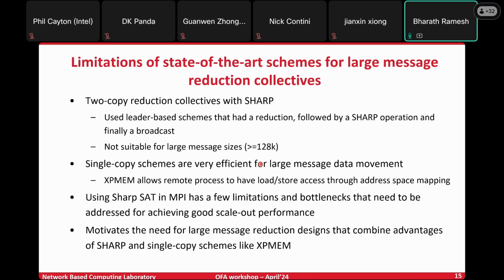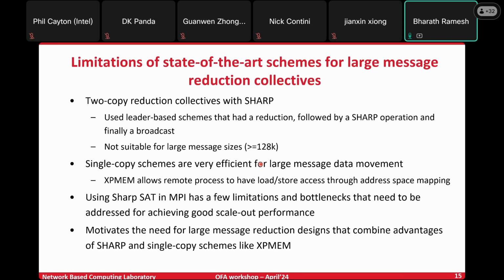This happens through an mmap, or an address space mapping, from a remote process to your local process. This of course incurs overhead at initialization, but typically MPI libraries use some sort of cache to amortize this overhead.